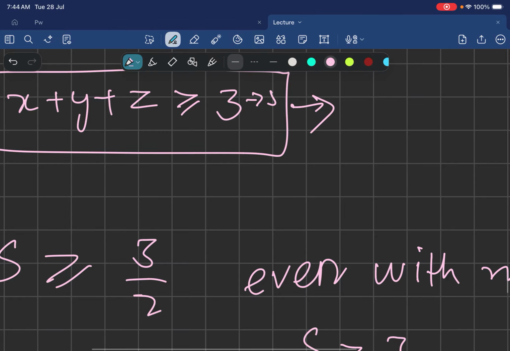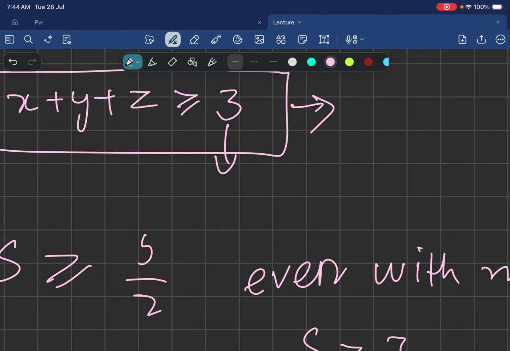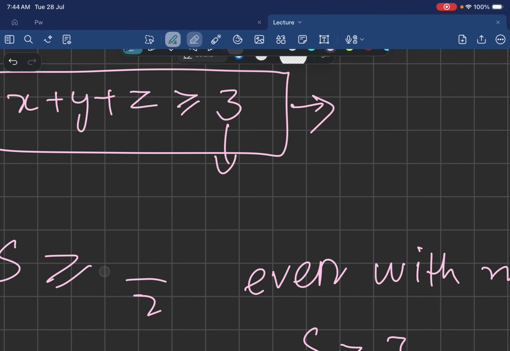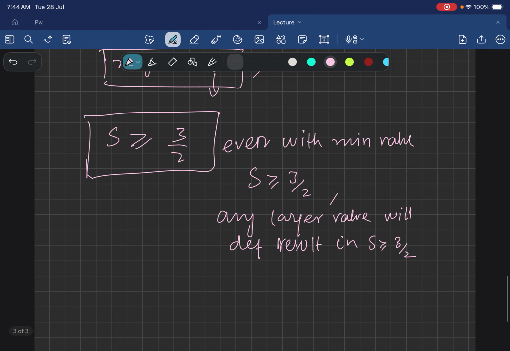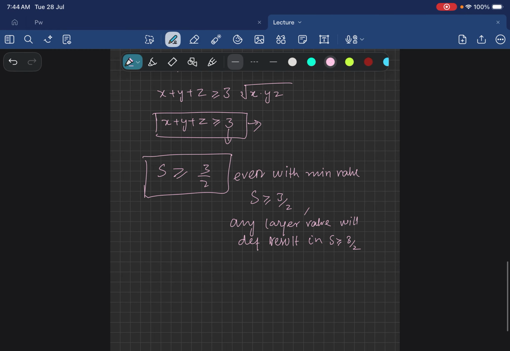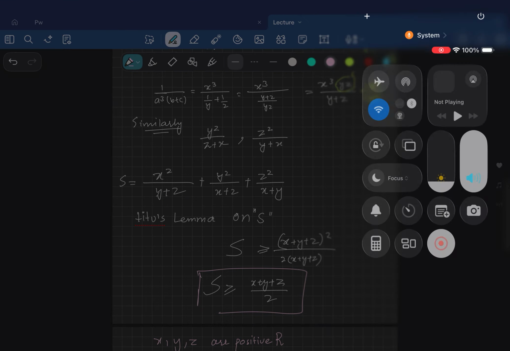For example, this is the least value. If x plus y plus z takes 5, the sum is still greater than 3 over 2. If it takes 2, the sum is still greater than 3 over 2. So even with the minimum value, the sum is greater than 3 over 2, and any larger value will result in the sum being greater than 3 over 2. This proves this whole question, okay? Hope it helps.